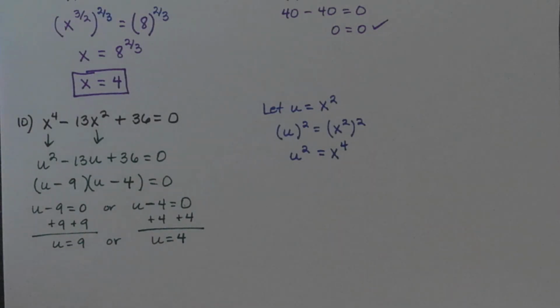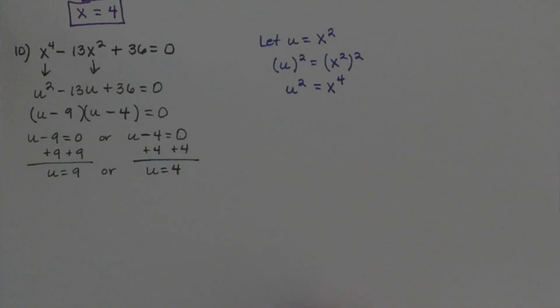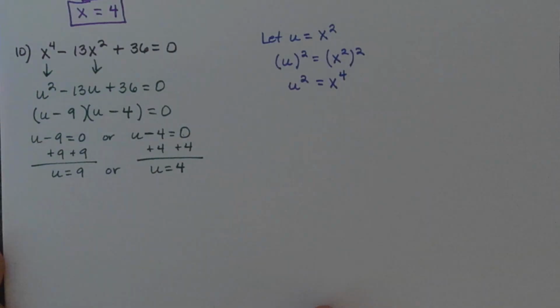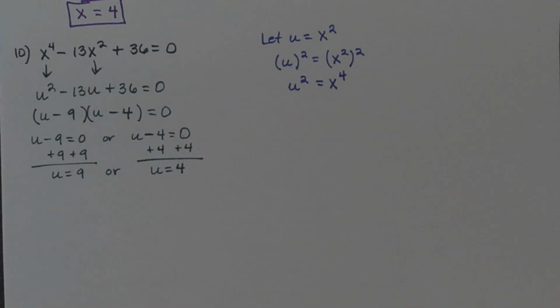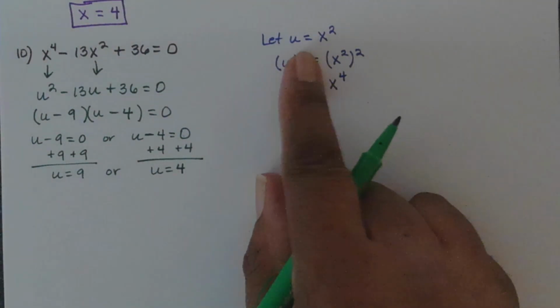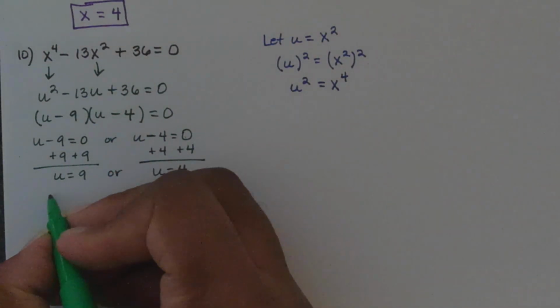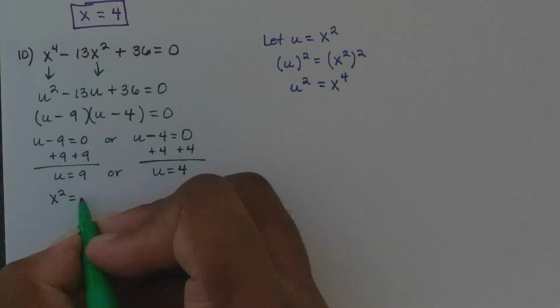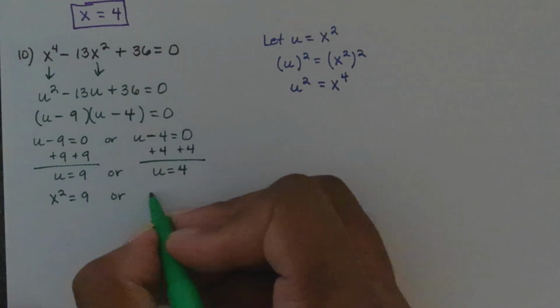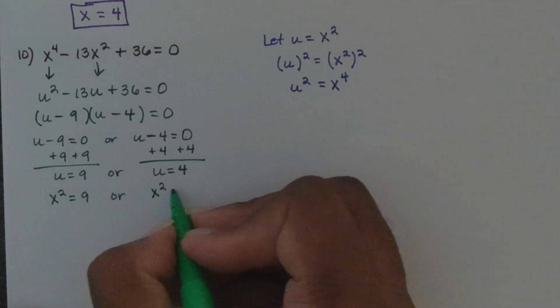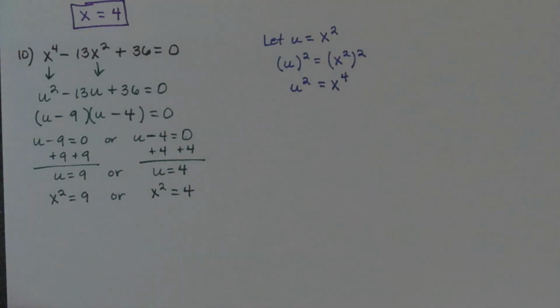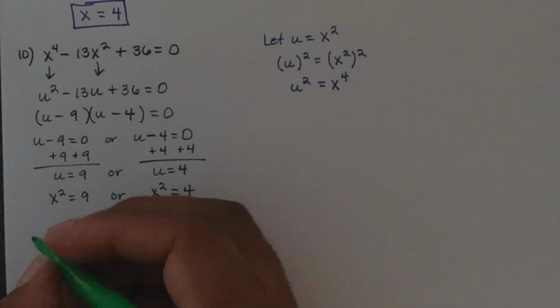Now we do the back substitution. Because we started off with an equation in terms of x, we must have solutions that are in terms of x. Here we let u equal x squared, so we back substitute the u with x squared. So x squared is equal to 9, or x squared is equal to 4. Each one of these will solve for x. What's the opposite of squaring the x?